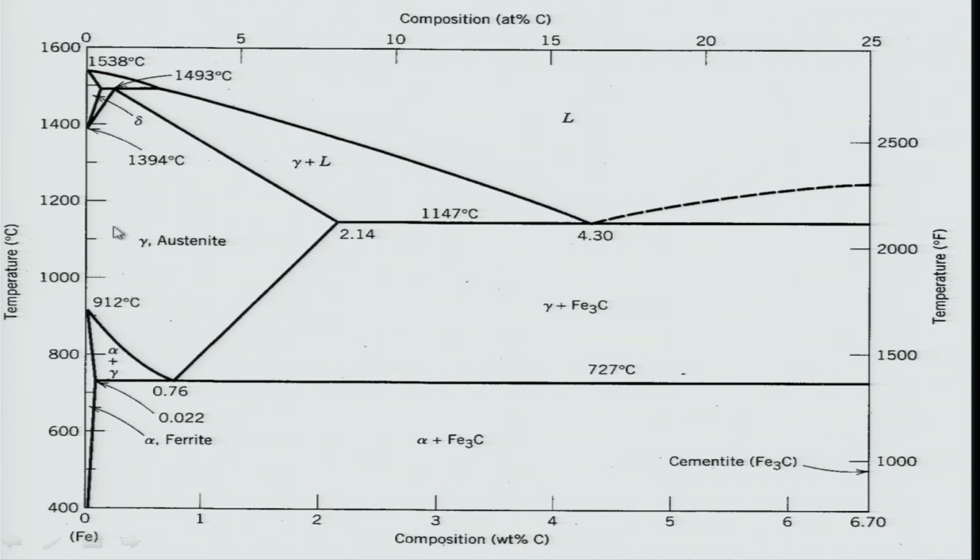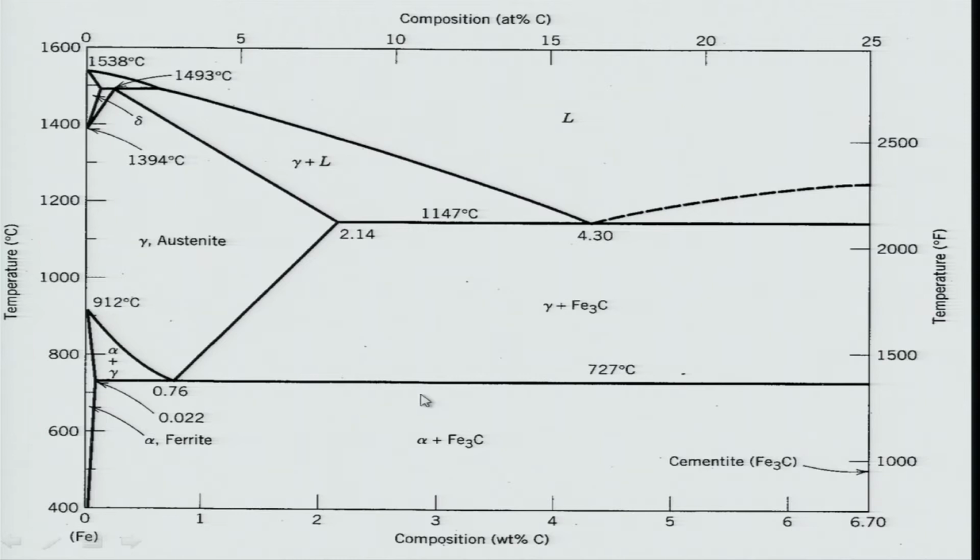Let us say a steel with a certain composition is heated into the austenite field, and then it is allowed to cool down to produce the product phases alpha ferrite plus Fe3C cementite, which together are called perlite. And depending on the carbon content of the steel, you may form pro-eutectoid ferrite, you may form pro-eutectoid cementite, or you may produce directly 100% perlite.